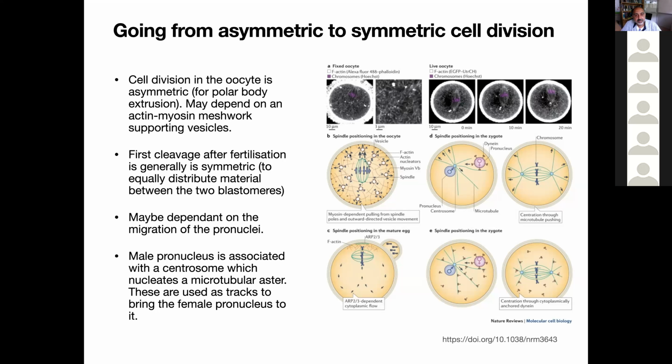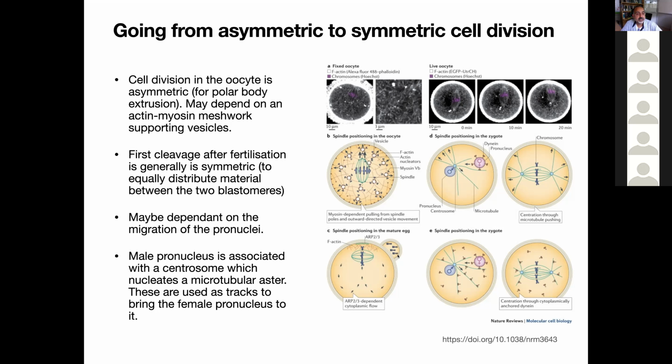Essentially these vesicles act to nucleate actin, which causes the spindle position to be very eccentrically localized in the oocyte. And remember, you need this very eccentric localization of the spindle, because soon after the metaphase 2 arrest is lifted, the polar body needs to be extruded, so this complex needs to be very close to the surface for that extrusion to take place.